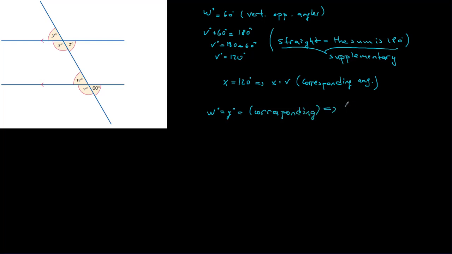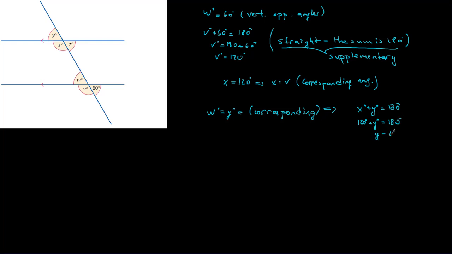So I can continue with this one. I know that X and Y complete each other, supplementary angles. X plus Y is equal to 180 degrees. If X is equal to 120 degrees, then Y is equal to 60 degrees. W we know is equal to 60 degrees.